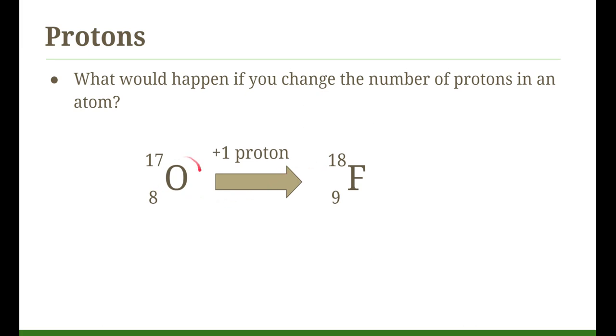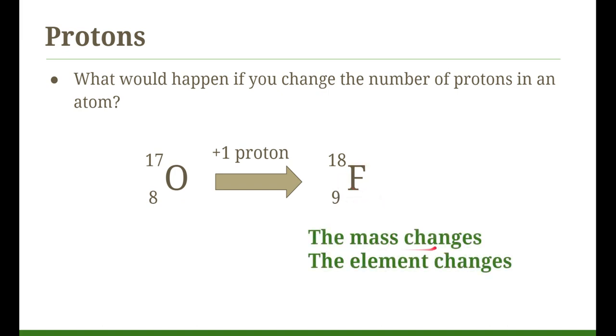And then the symbol also changes because now we no longer have oxygen. Oxygen has 8 protons, and this new element has 9 protons, so we've actually changed it into fluorine. So the mass changes and the element changes. Really, every part of our atomic notation changes.